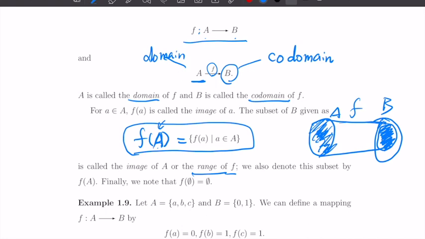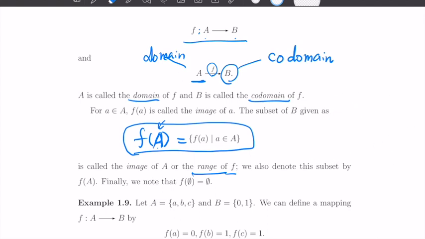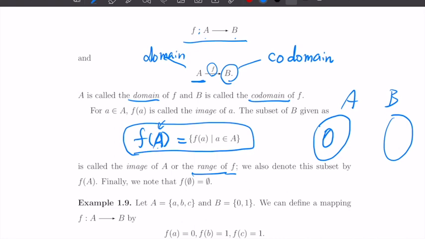And actually, we also write, let's say we have A and B. Let's pick a subset of A and pick each element of A and get the corresponding elements in B. So the entire set of these elements define a subset of B. Let's call this subset of A, let's say A prime.